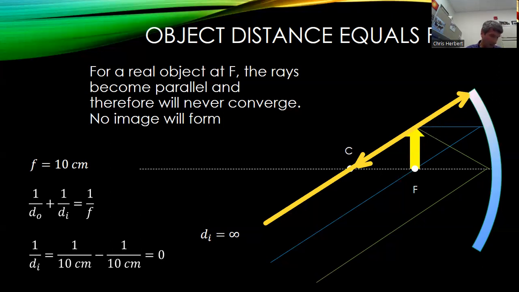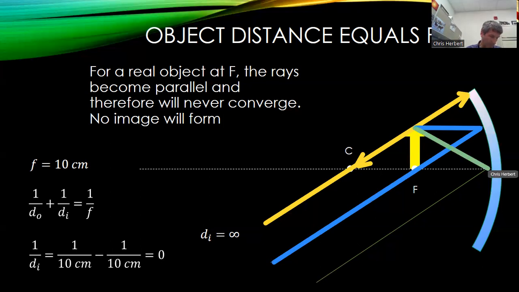Here's the ray that starts out parallel, then it passes through the focus. Here's the ray that is going to go through the optical axis. And notice I don't have a parallel ray that comes in and then passes through the focus. I should say I don't have a ray that goes through the focus and then becomes parallel, because that's the exact same as the blue line that I have right here.